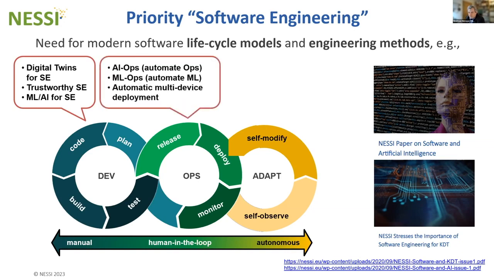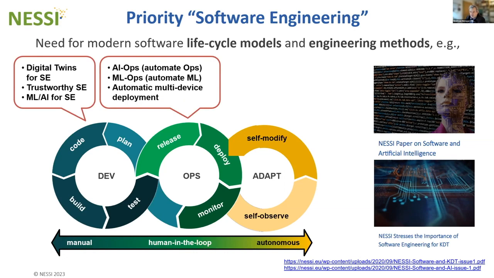If you look at the ops phase, there are two interesting lifecycle models, which also imply specific tools and techniques behind them. One is called AIOps, which aims to automate the operational loop, right? So that continuous integration, deployment, and feedback from operations is supported by AI. And the other thing, which is also very important, is MLOps, which is in a sense the opposite.